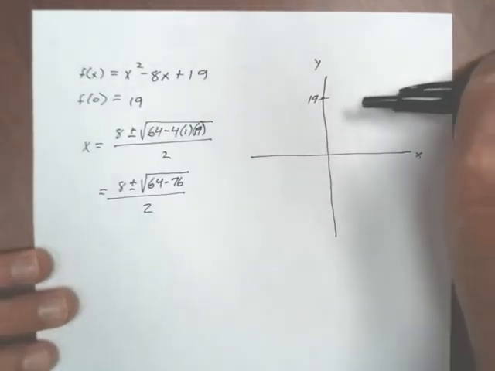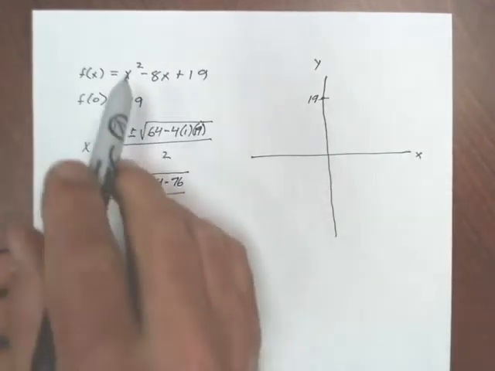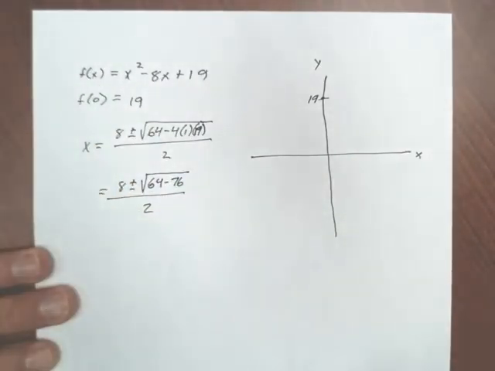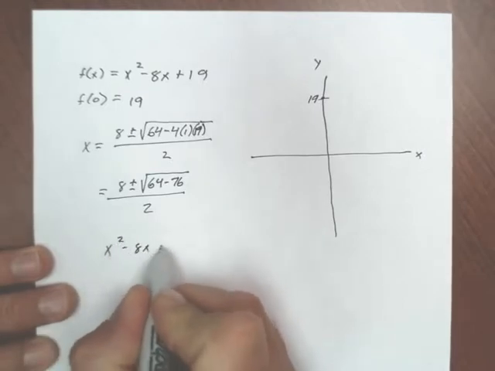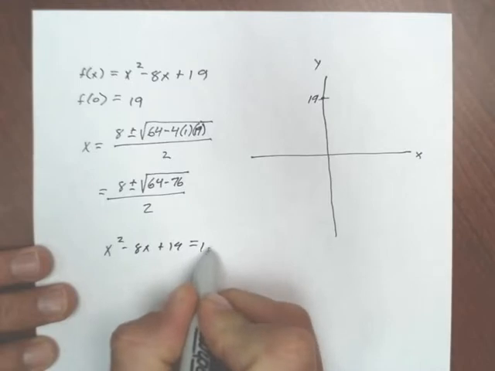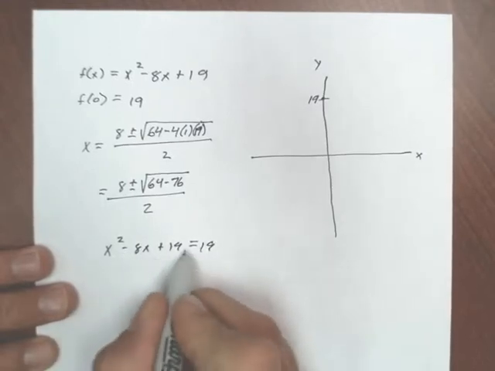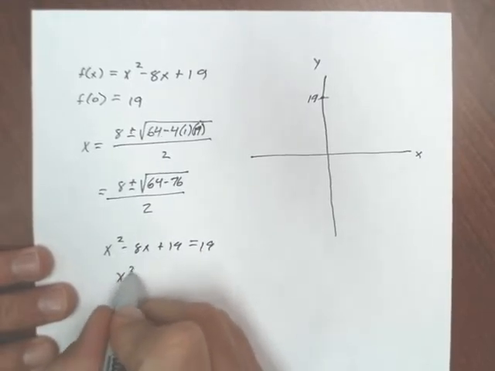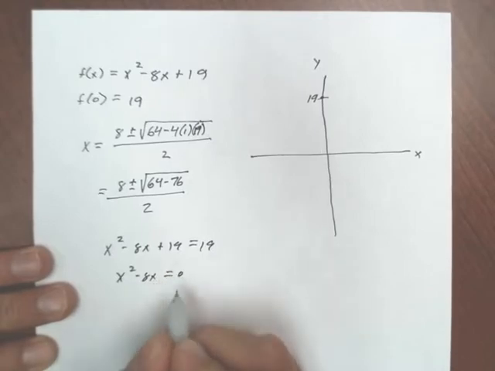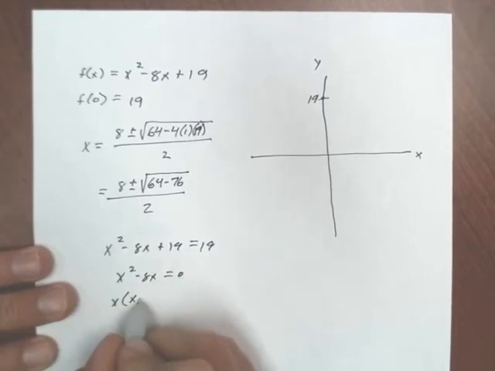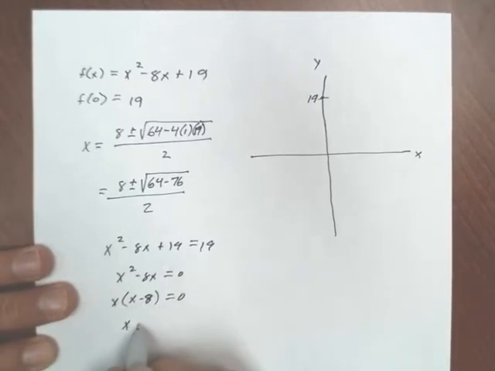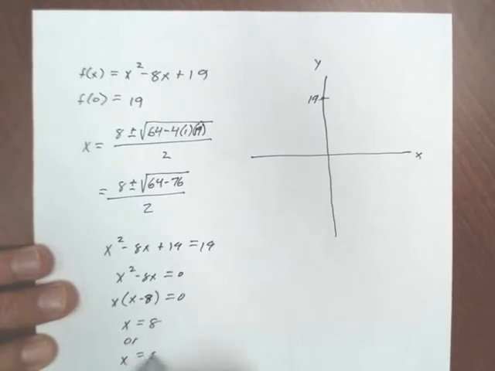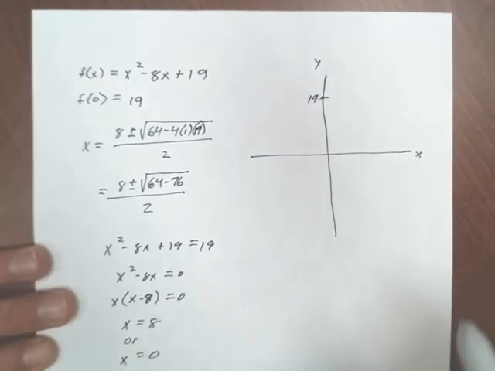So again, what we're going to do is move the x-axis up to 19. We're going to set our function equal to 19. That gives us x squared minus 8x plus 19 equals 19. And this means when we subtract out the 19s, x squared minus 8x equals 0. x times (x minus 8) equals 0, so x equals 8 or x equals 0.